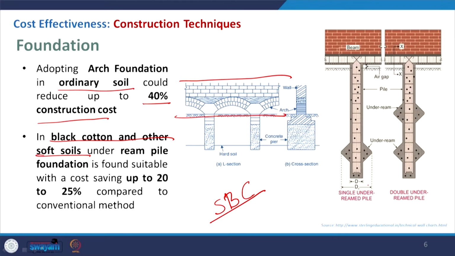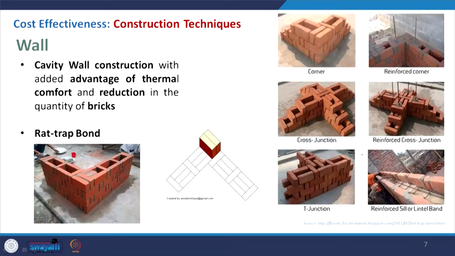Then in that case we have to go for an under-reamed pile foundation. In this case the pile is used, and the under-ream is created to make the grip. That will also help to reduce the soil pressure and that particular movement. Coming to the wall.